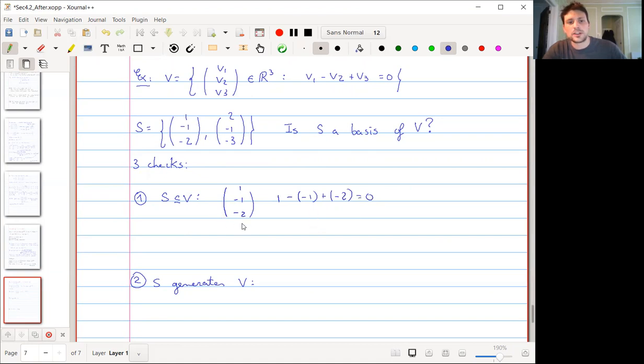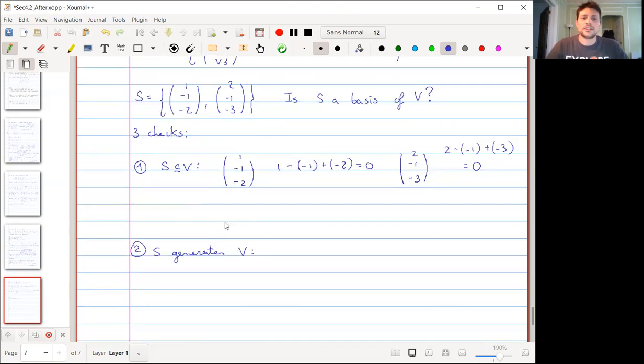So the first vector does belong to V. Let's do it for the second, 2, minus 1, minus 3. When I write that, I get 2 plus 1 minus 3. And if I add them together correctly, I also get 0. So indeed, all of the elements of S are inside V.